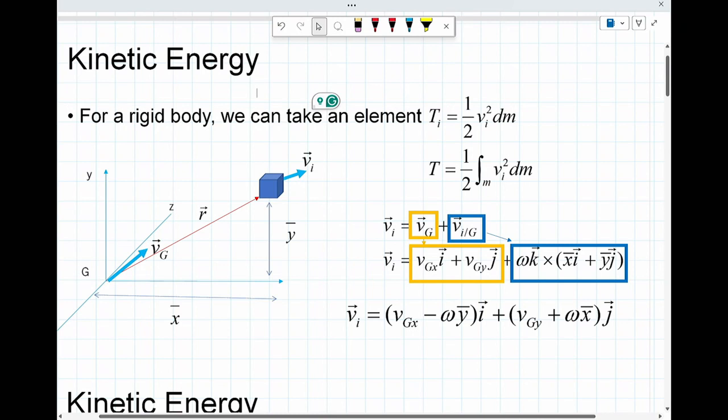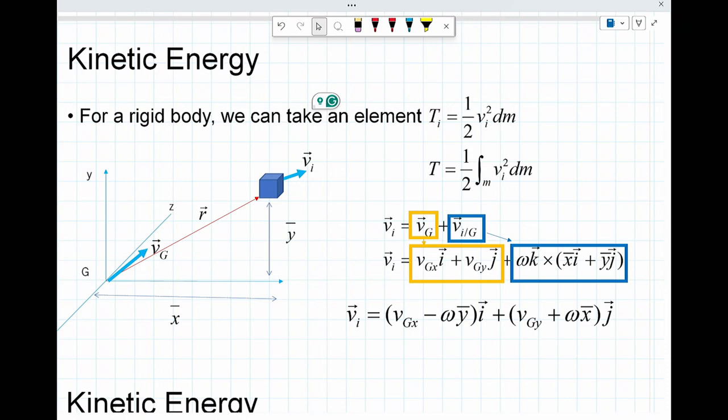So if I have a rigid body and I have a small mass element over here, dm, it's going with a velocity v sub i. The center of mass is going v sub g, and it's a distance x bar, y bar from the center. And I can write v_i is equal to v_g plus v_i relative to g, and I end up doing the same thing as before, which is a translation plus a rotation.